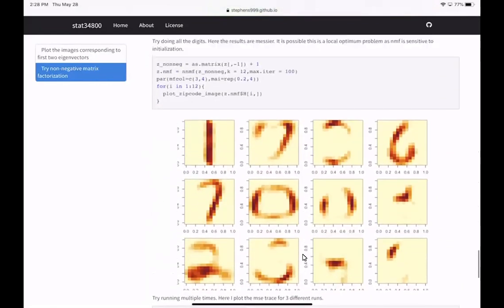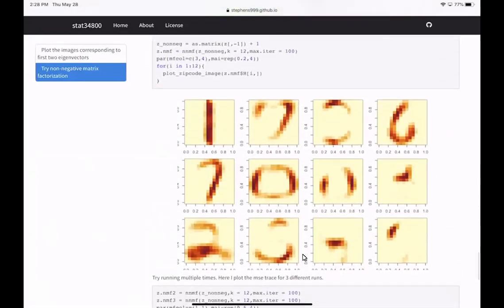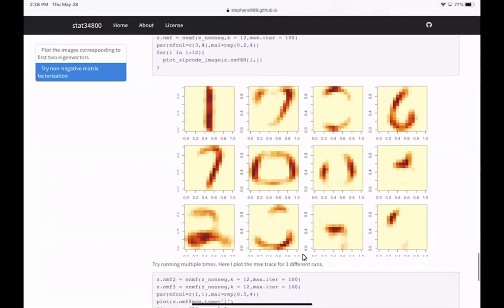And this is what you do. I just did all of them, and I tried 10. I was hoping that if I used 10 basis vectors, I would get the digits 0 to 9. That didn't happen. I increased it to 12 to see if that would help, and also because it was nice to get a 3x4 plot of 12. But it still didn't quite happen, but you can see some of the digits come out of this basis representation, but some are not.